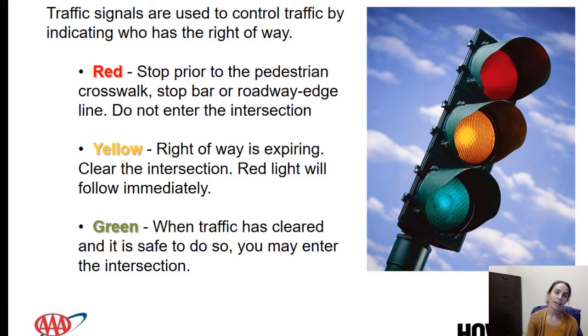Our traffic lights, we have red, yellow, and green. Our red means stop prior to the crosswalk. We have our yellow, right away, the red's about to start, so you want to slow down, and then you have your green, which is clear to go.